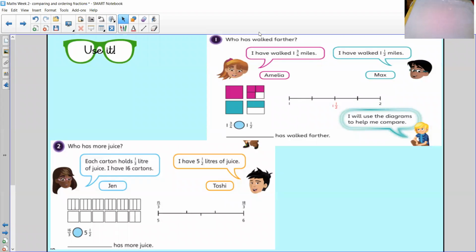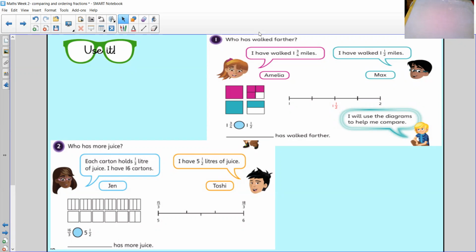So just while we have got our brains ticking over, and you've done such a great job with that first question, what I'd like you to do is now have a go at these 2 questions here. You can see they've given you lots of diagrams to help you with this one. So hopefully you should be able to work this out nice and easily.